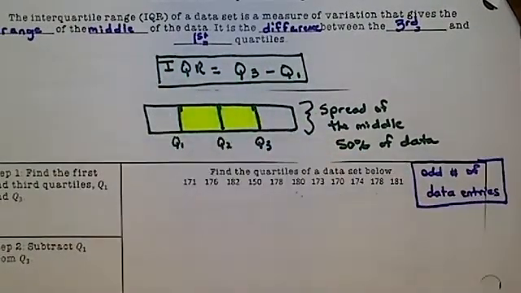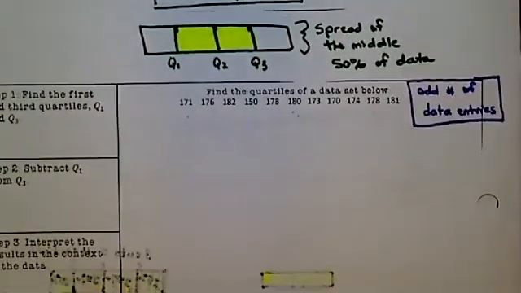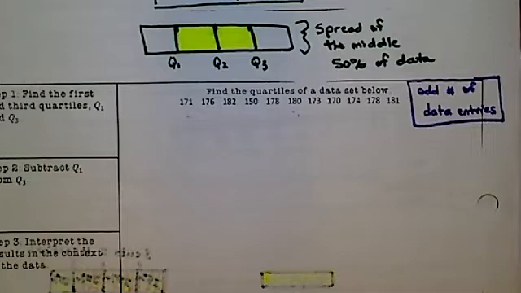Now, we're going to take a look at the odd number of data entries. So let's do it by hand, and then we will check in the calculator.